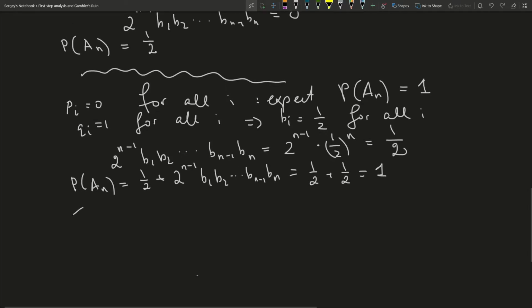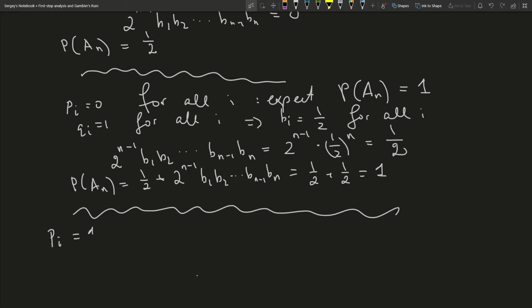And then the third scenario we want to look at is the scenario where p sub i is 1 for all i. So this says that all of the trials are successes. So if every trial is a success, what is the probability that there is an even number of successes?